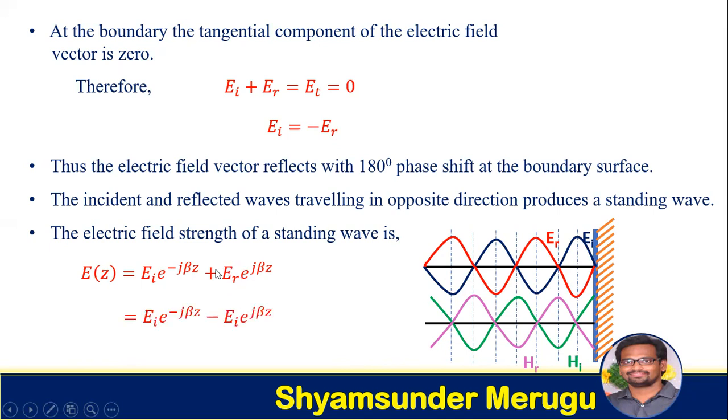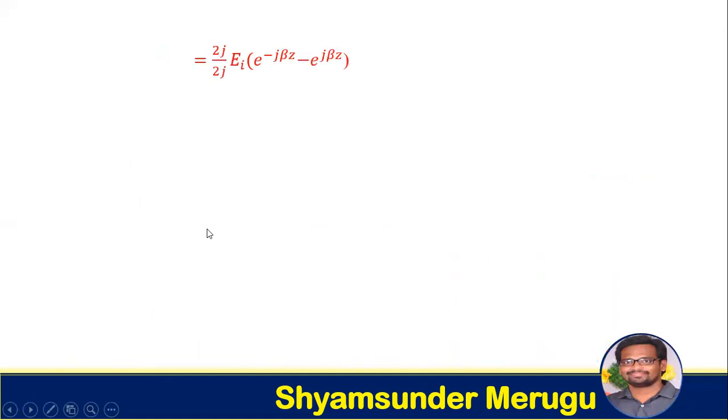As we know that E_R can be written as minus E_I, and substituting that here we get E_I e power minus j beta z minus E_I e power j beta z. Now taking E_I as a common term, we can write E_I multiplied by e power minus j beta z minus e power j beta z.